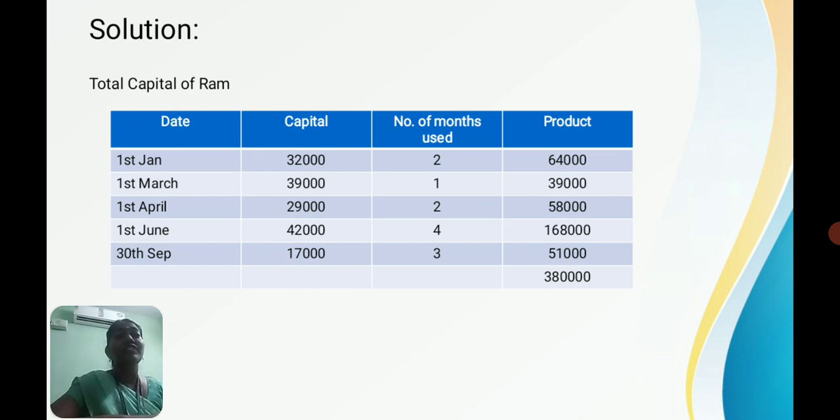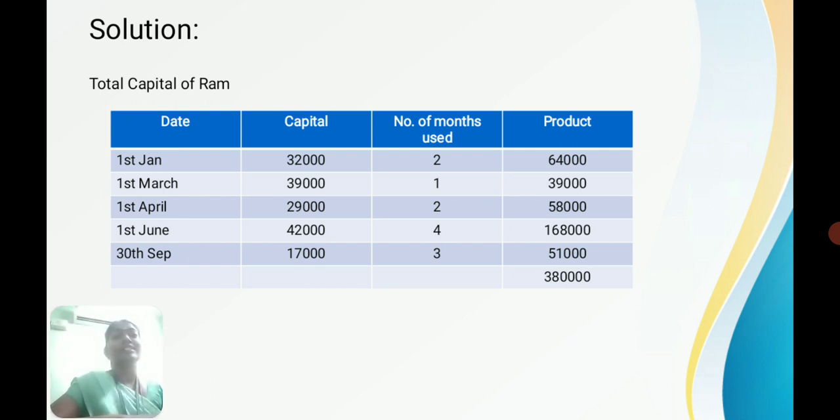So from 1st January their capital amount is 32,000, but in March it is changed to 39,000. Girls, we should know that the additions are added to the opening capital, then the drawings are deducted from the balancing capital. So we have to add the additions and deduct the drawings. On 1st March, Ram made the additions, so we add the 7,000 to 32,000. We get a capital of 39,000.